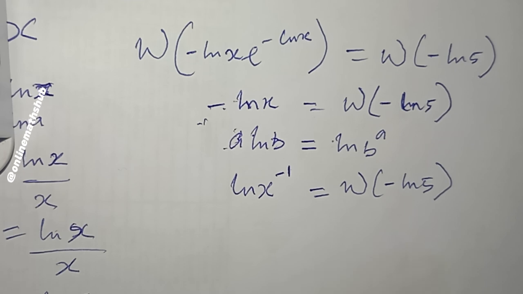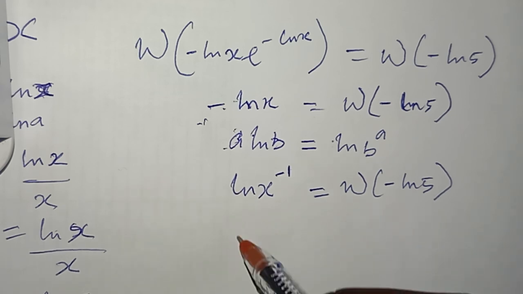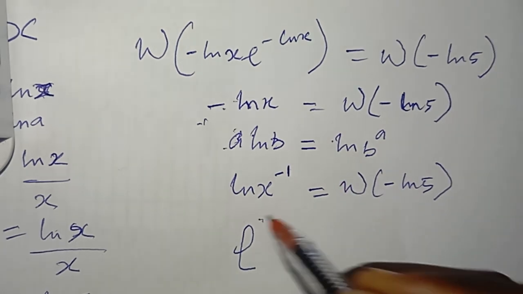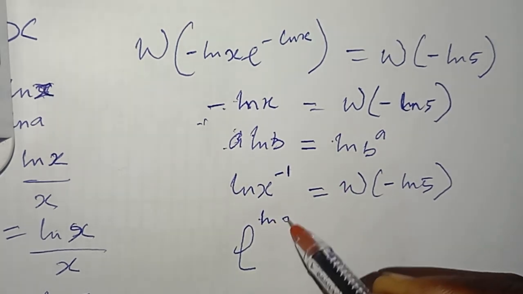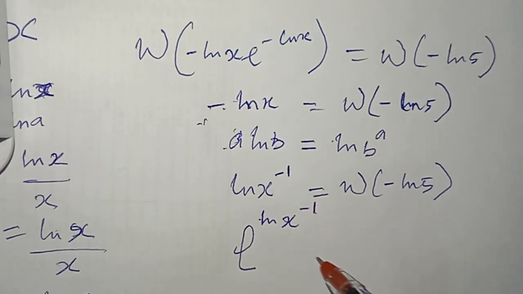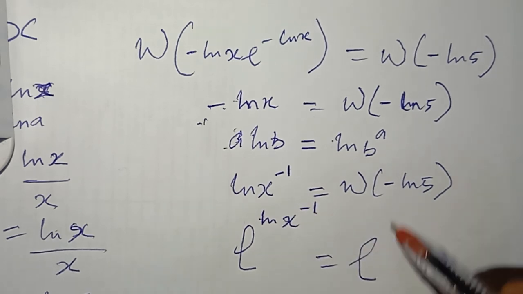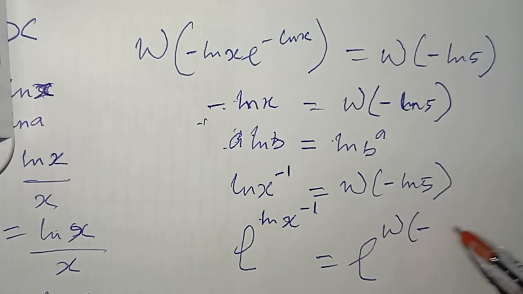Okay, so next I'm going to take the exponent of both sides so that I can remove this natural log right here. So we have exponential natural log of x power -1 is equal to exponential Lambert W function of negative natural log of 5.